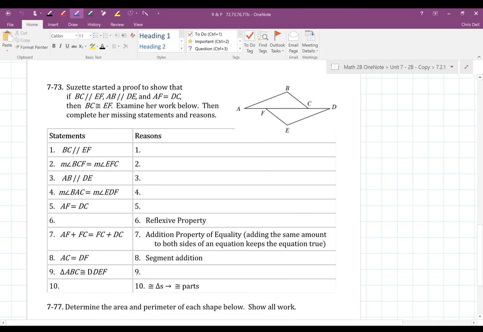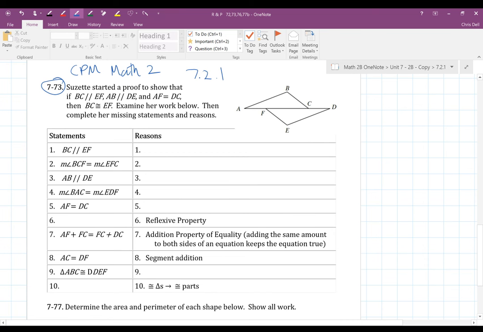This is coming from CPM's Math 2, section 7.2.1, number 7-73. It says Suzette started a proof to show that BC is parallel to EF and AB is parallel to DE and AF is congruent to DC.